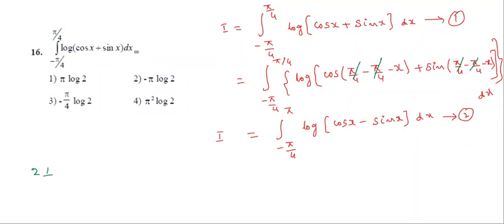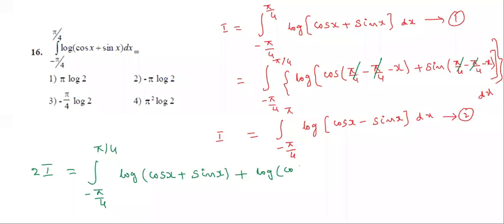So this is 1, this is 2, both add 1 and 2. Left hand side we get I plus I, 2I. In right hand side, minus pi by 4 to pi by 4 logarithm of cos x plus sin x, this is the first term, plus second term log of cos x minus sin x. Students, observe that this is in the form of log A plus log B. What is the log A plus log B formula?